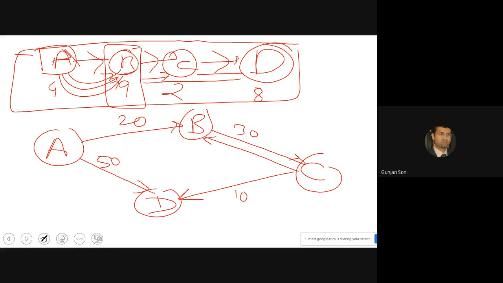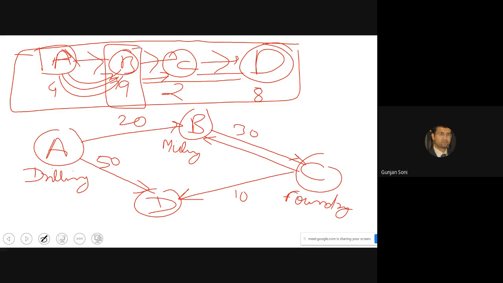It is not compulsory that if there are 30 trips from B to C, there will be 30 trips from C to B also. I'll give you an example. Let's say A is a drilling station. B is a milling station. C is a foundry. Foundry is like casting and all.